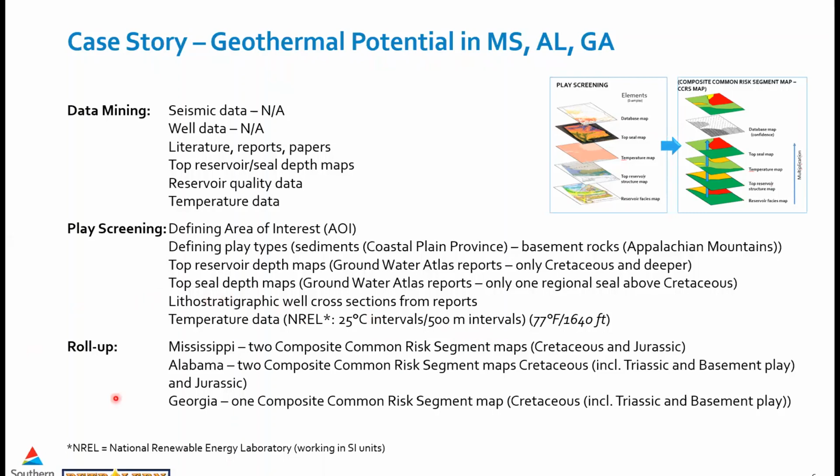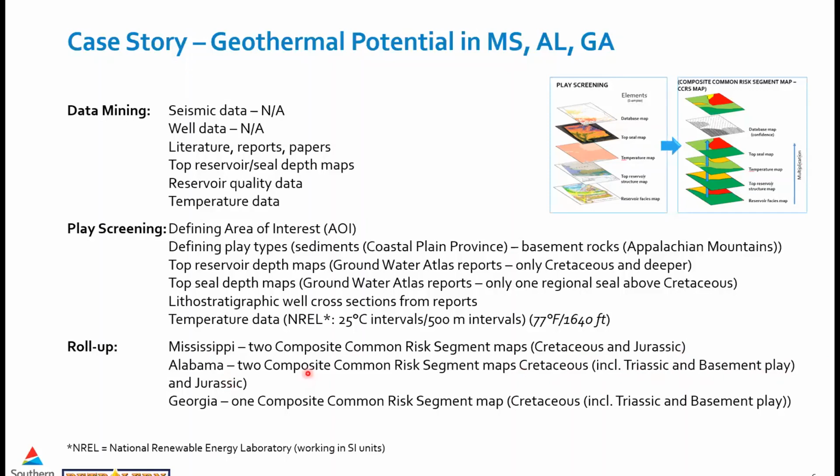For the roll-up or the composite common risk segment maps, we created two for Mississippi, containing the Cretaceous and the Jurassic. In Alabama, we also created two maps, one for the Cretaceous, which included the Jurassic and the basement play, and one also for the Jurassic.